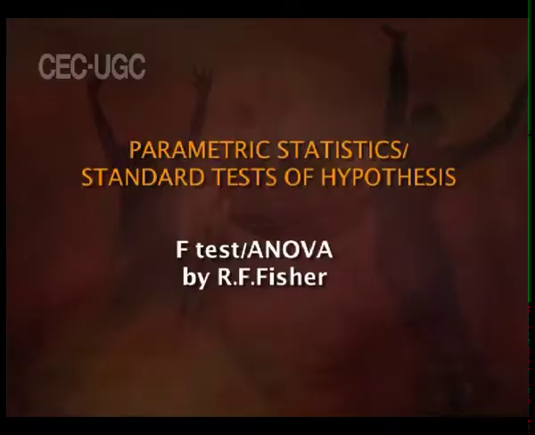Now that we have seen the t-test and the z-test, we move on to the f-test. This is also called the analysis of variance or the ANOVA and was developed by R.A. Fisher. Suppose we want to find out whether the mean differences of more than two sets of scores are significant or not, then it becomes problematic to use the t-test.